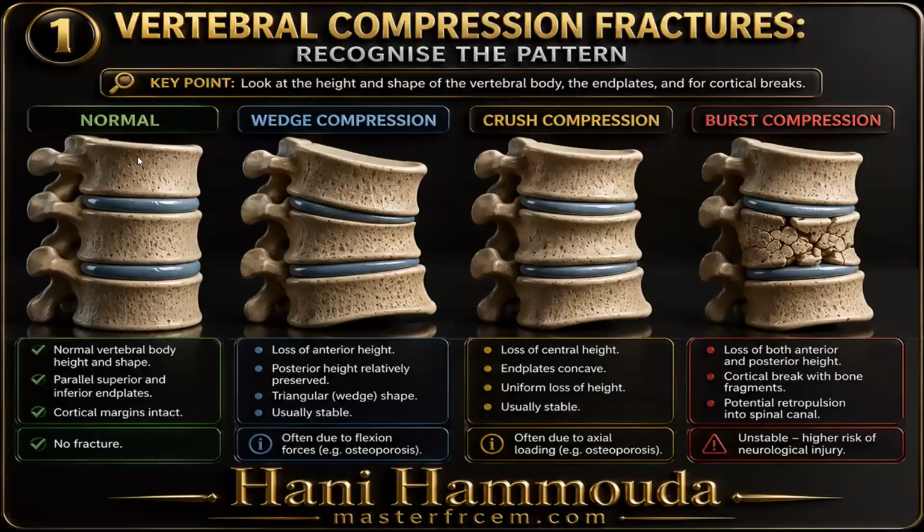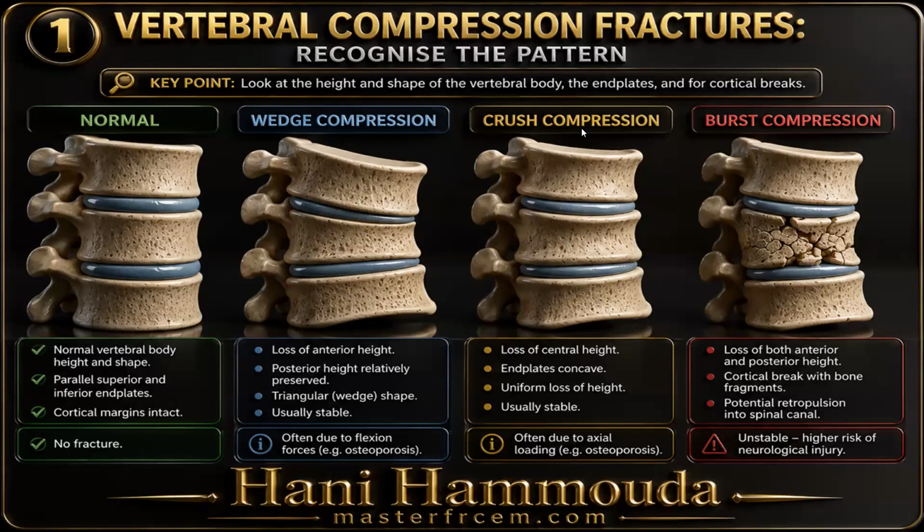Again, this is normal. So the height here normal, height here normal, height here normal. If you find the height is short in the front, it's called wedge compression. So the height in the back is normal, but the height in the center and the front is very short. It means wedge compression, the anterior part.